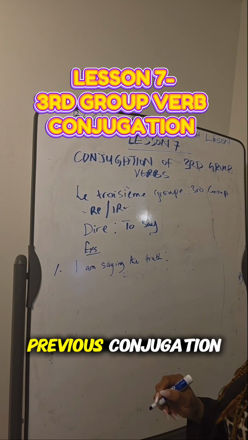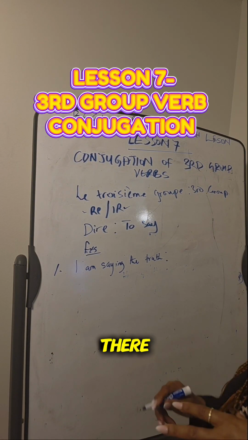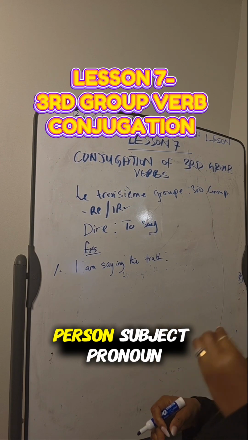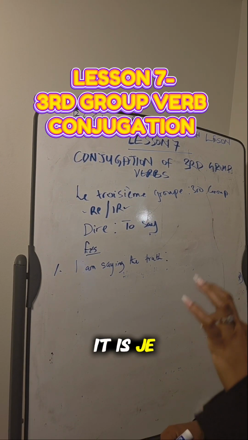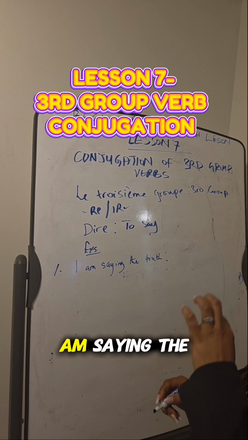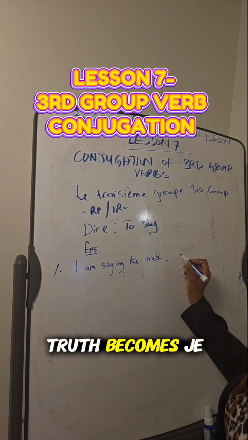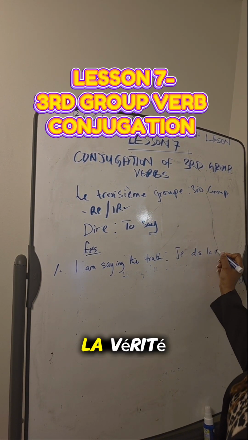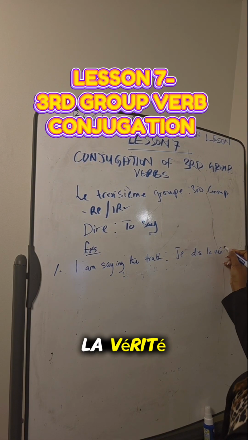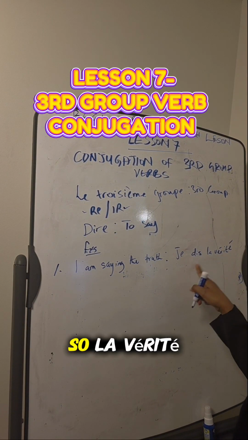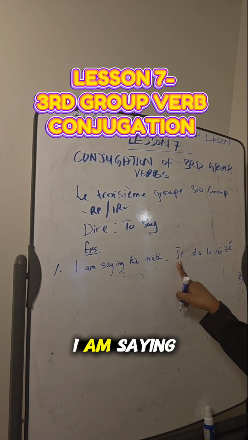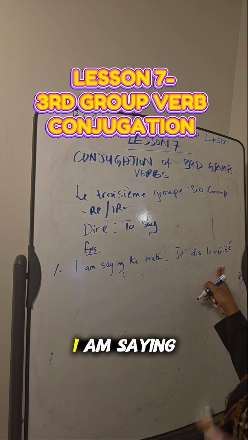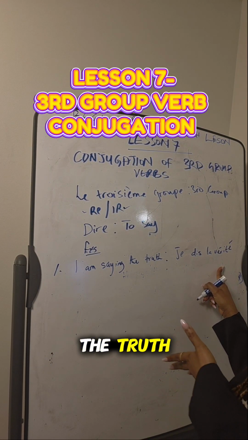Remember, in our previous conjugation, we said that when you conjugate dire in the je form, the first person subject pronoun, it is je dis. So I am saying the truth becomes je dis la vérité. La vérité is the truth. I am saying, je dis. Match everything together, that gives you I am saying the truth.